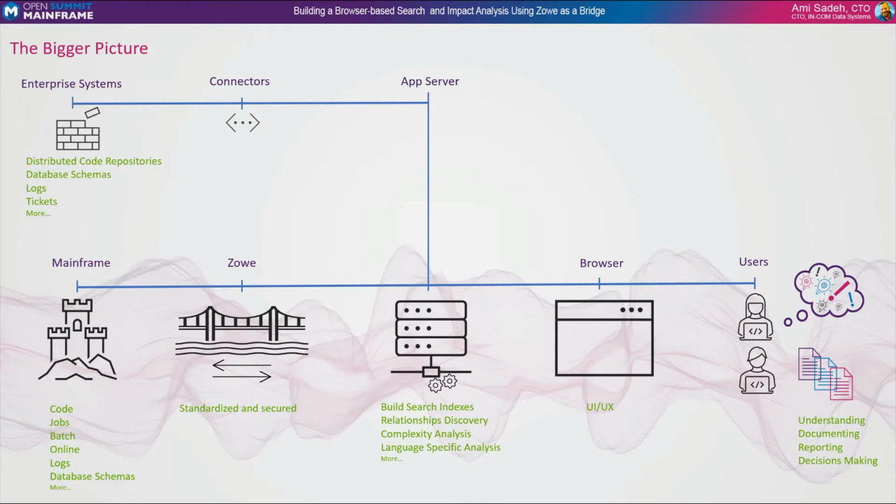But there is also a bigger picture here. An enterprise has assets and systems beyond the mainframe. And so for the record, we also have connectors that specialize in how to connect to those systems, whether it be distributed code repositories like Git and others, database schemas, logs, tickets, and lots of other things.